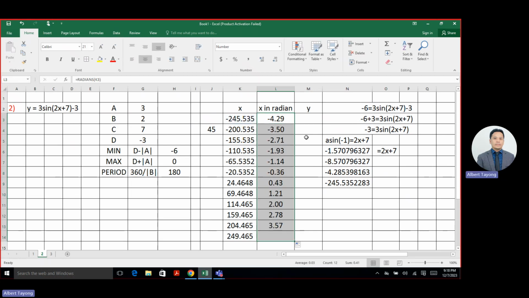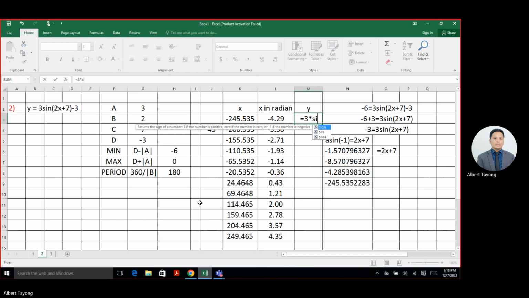drag it down. Now we can solve for our y equals following this 3 times sine. We have 2 multiply x. This is our x, the radian. I cannot highlight, so this is L3. This is 3 and L, so you can write L3 if you cannot see it.